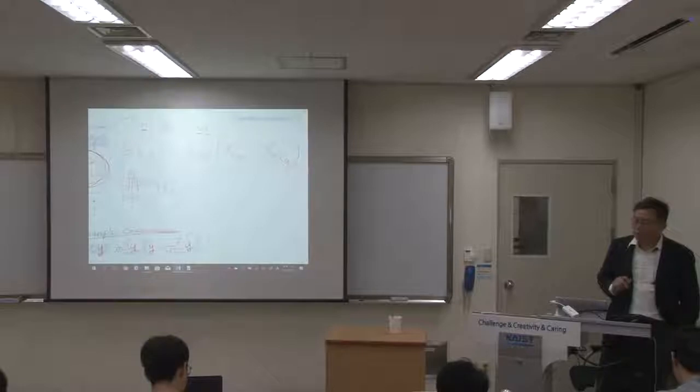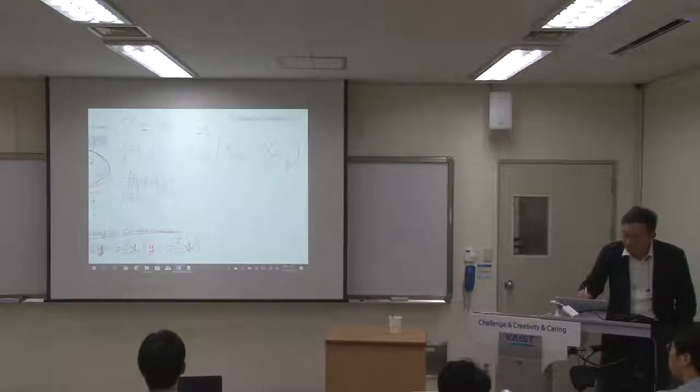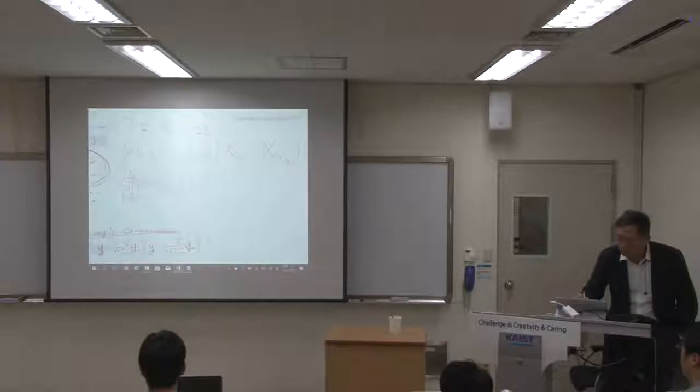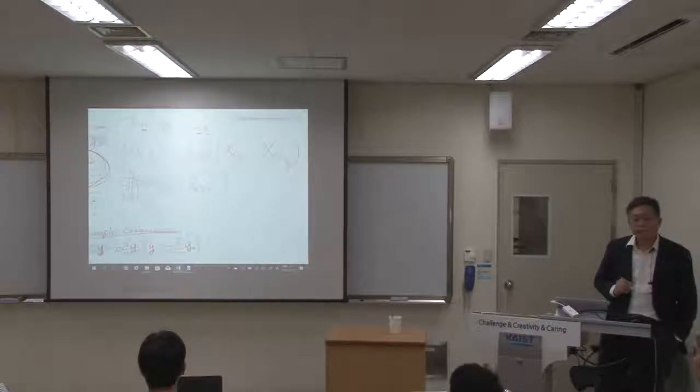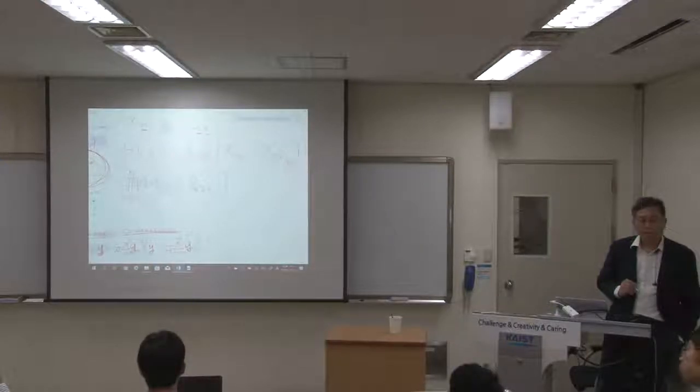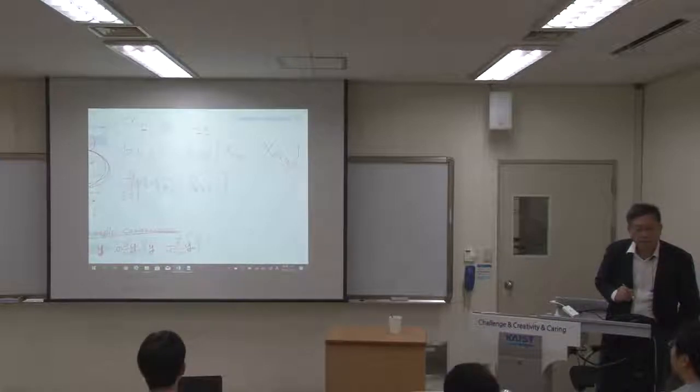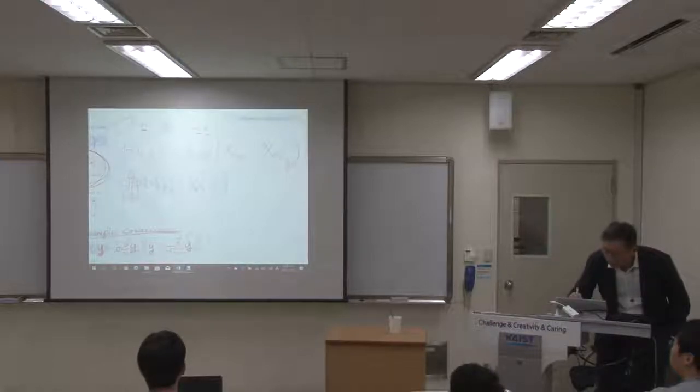So, how would I write the conditional independence on this one? Is this correct? Is this right? Once again? R of x. Yes, very good.